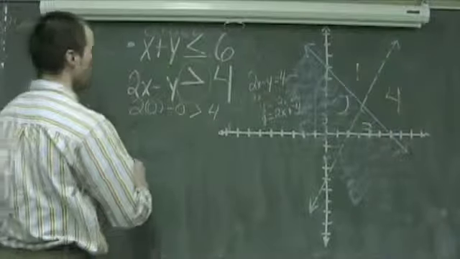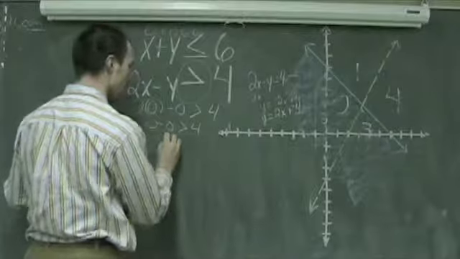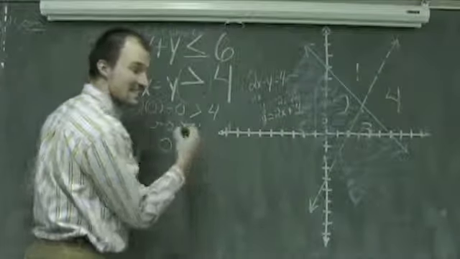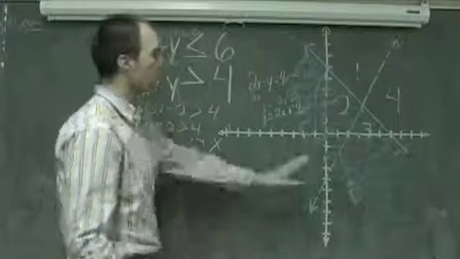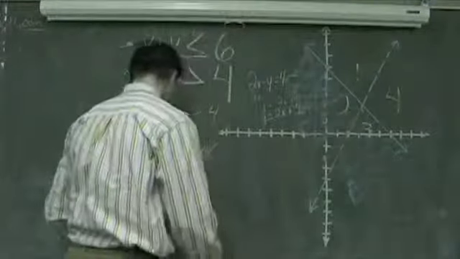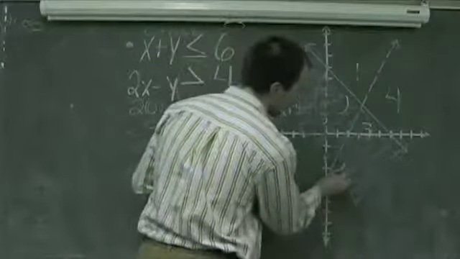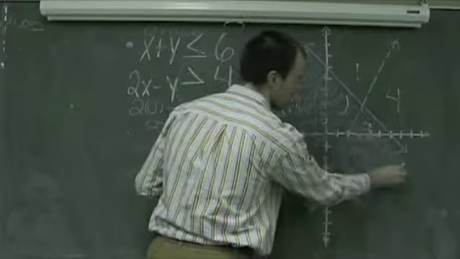I have 0 minus 0 is greater than 4, and since 0 is not greater than 4, I know that I will not be shading in green this area. Instead, my green shading will happen on the opposite side of that line.